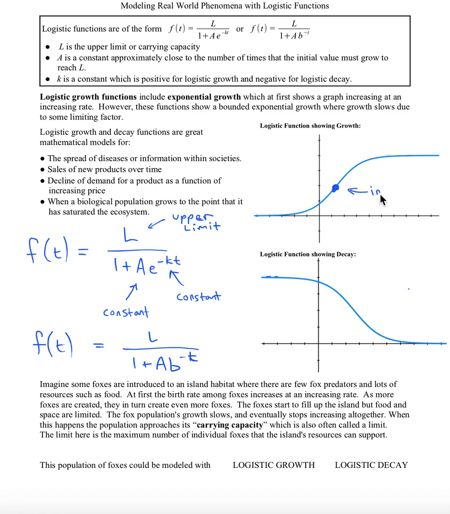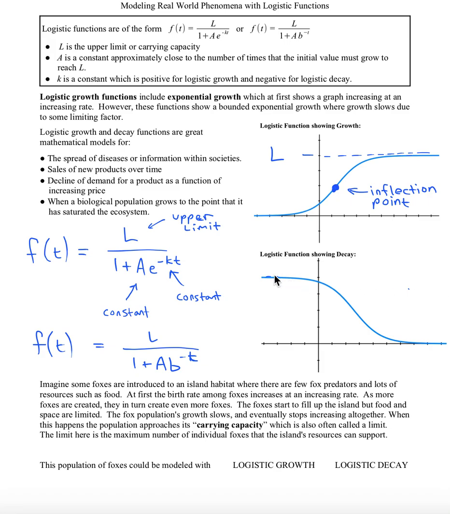That point is the inflection point of the curve. It's where the curve switches from concave up to concave down. And at that point, the growth slows, eventually having the population approach a limit or carrying capacity.